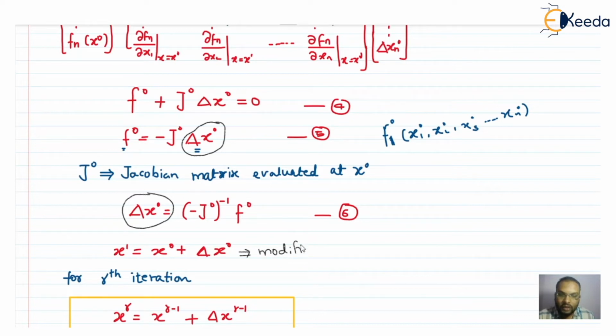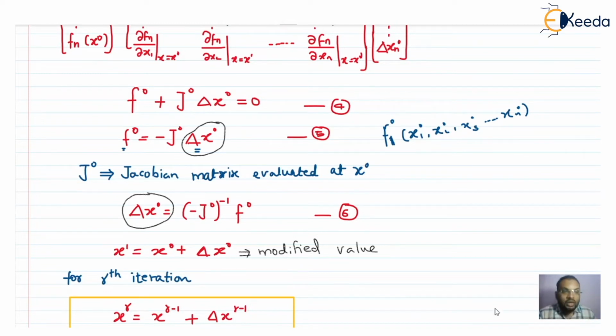After getting the modified value, you check the convergence criteria. If the equations are converging with this modified value, we can stop. If not, we go for the next iteration.